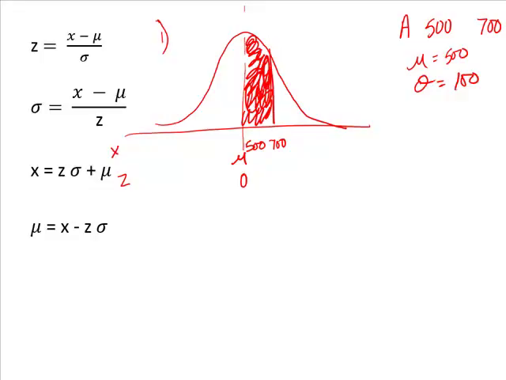I already know the z-score of 500. I don't even have to do any math. Why? Because it's the mean. So in my equation of x minus mean, 500 minus 500 is 0. Doesn't matter what the standard deviation is, because 0 divided by any number is 0. And I also know what the area is with a z-score of 0.